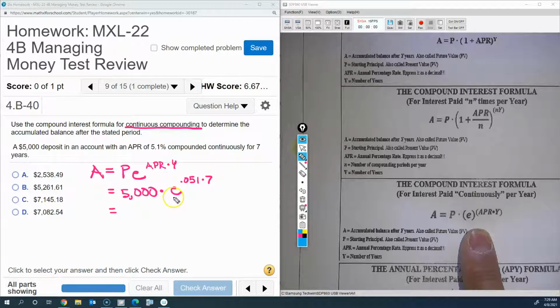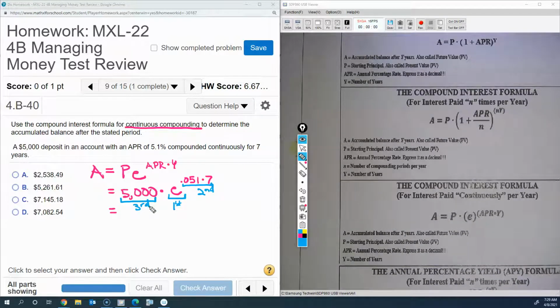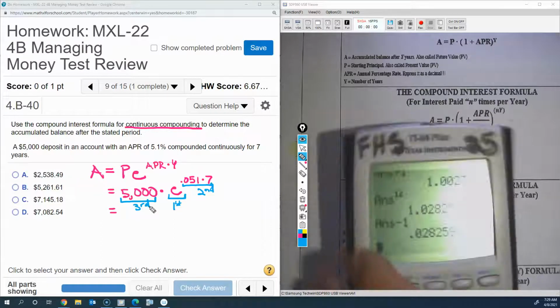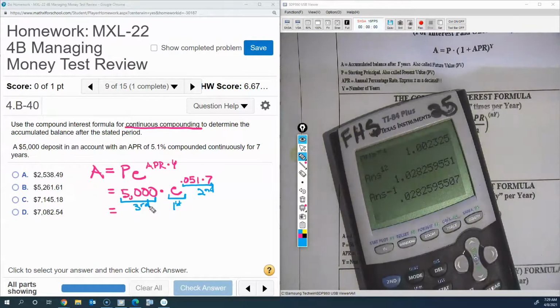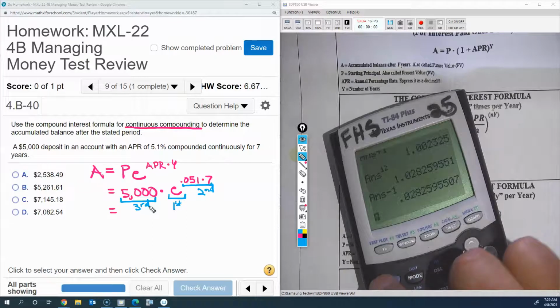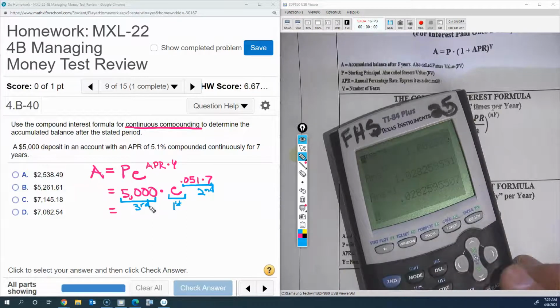So we're going to type in E, and then we're going to do that, and then we're going to do this. Quit, clear.